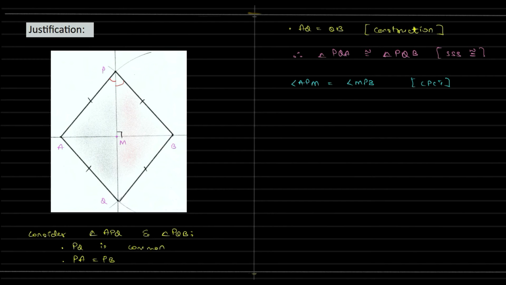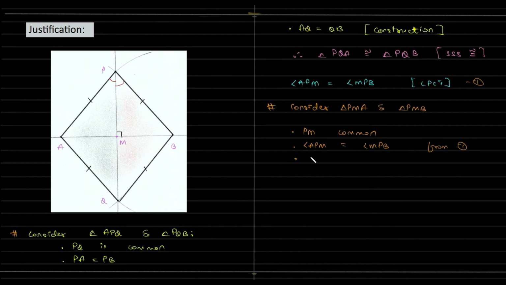Okay, so with that in mind, let's consider triangle PMA and triangle PMB. So here PM is common, and we just proved that angle APM is equal to angle MPB. This is from 1.